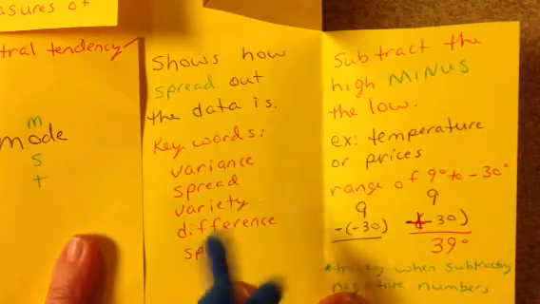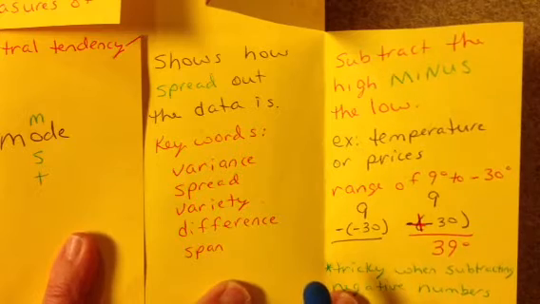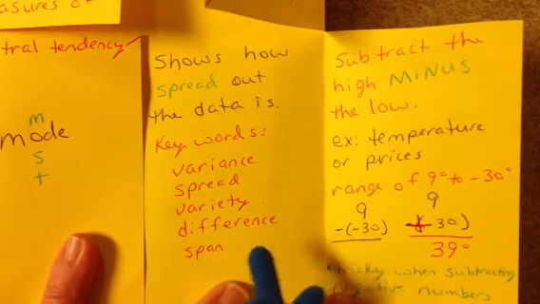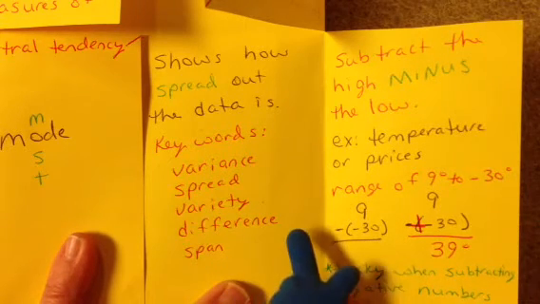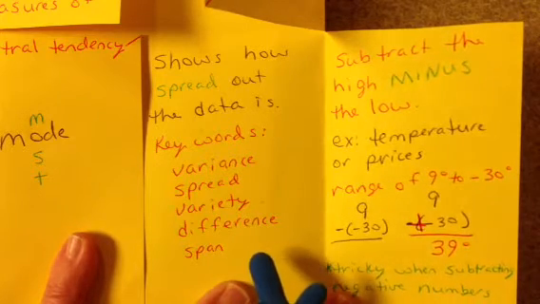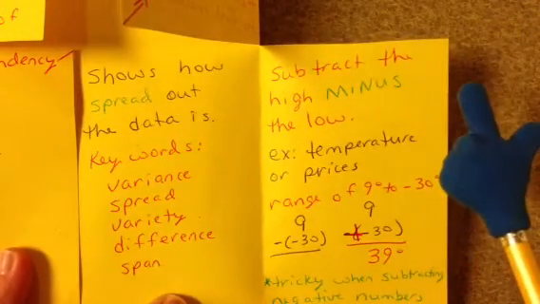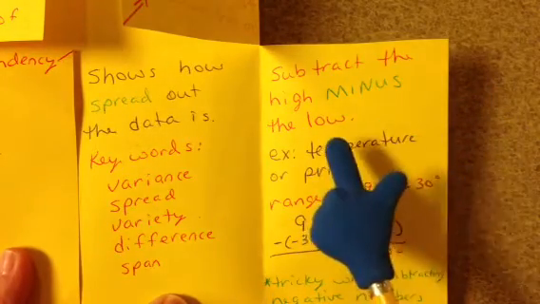Okay, and when we use range, it's kind of like a vocabulary question, because it's going to use words like the variance of the data, the spread of the data, the variety of the prices, the difference, the span. All of these words are keywords that let you know you're going to find the range. To find the range, subtract the high minus the low.